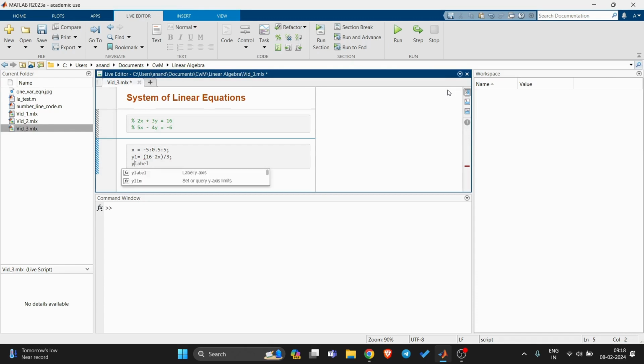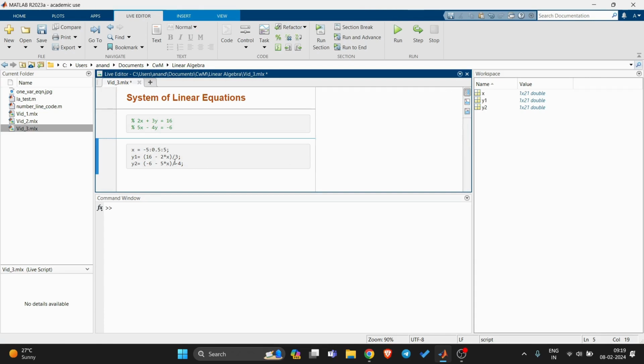And for the second equation, the value of y will be equal to minus 6 minus 5 times x, the whole divided by minus 4. So now let's plot. Let's run this.